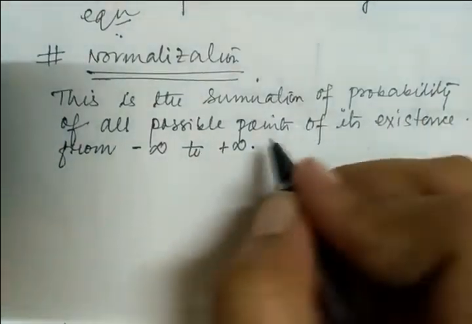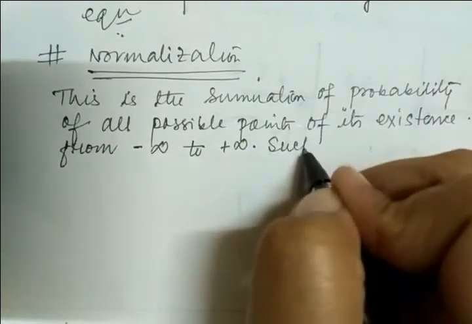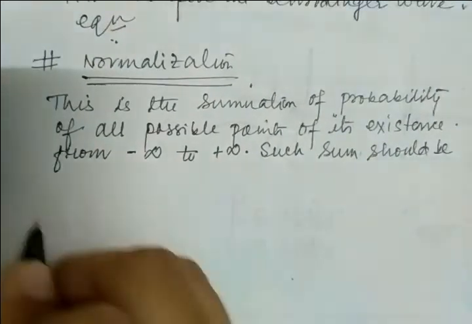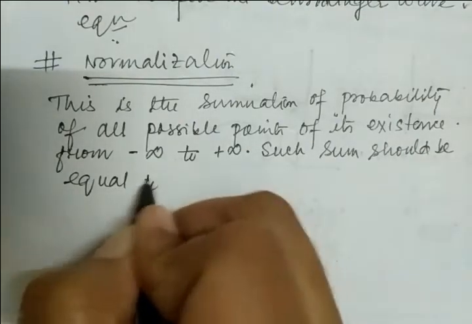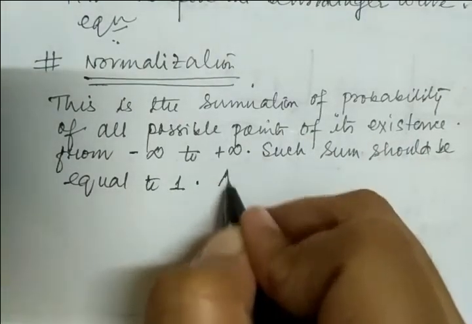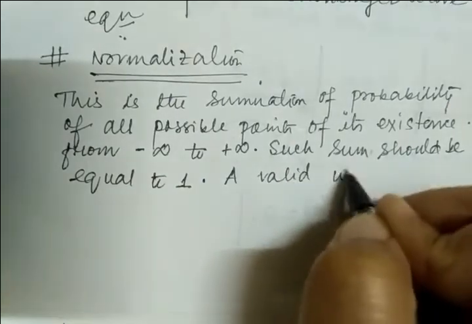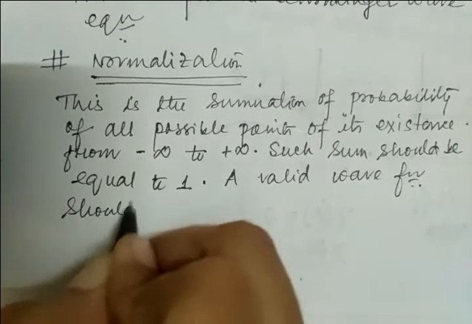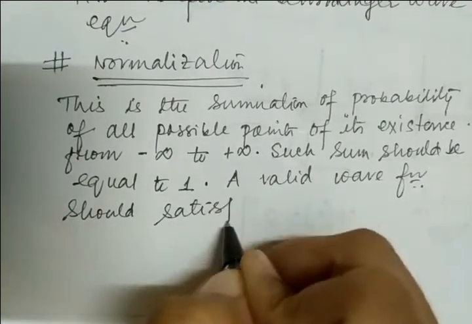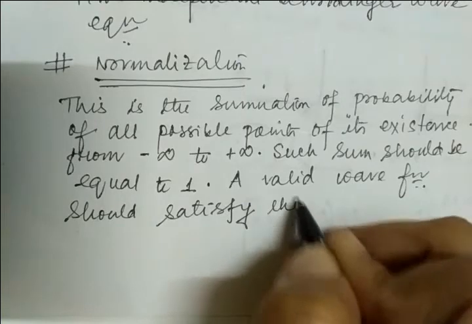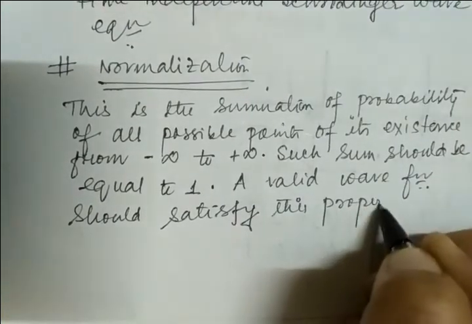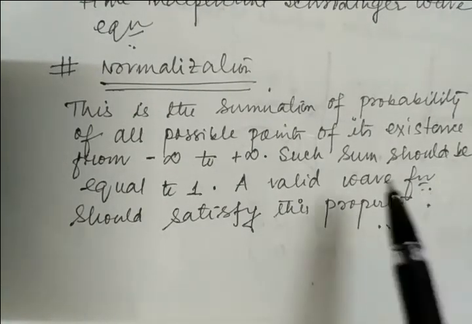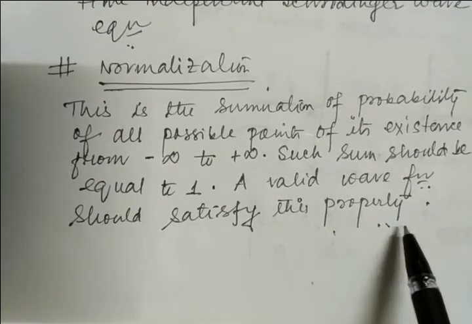And another important point, such a sum should be equal to 1, and a valid wave function should satisfy this property. If the wave function satisfies this property, then we can call it a normalized condition.